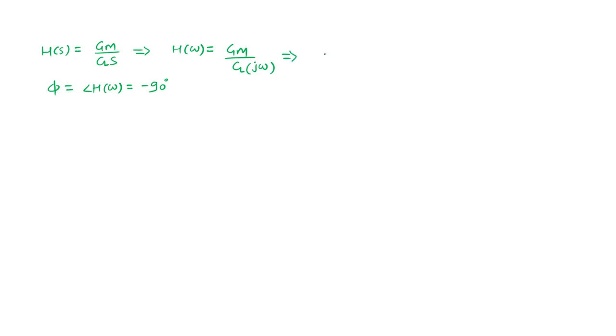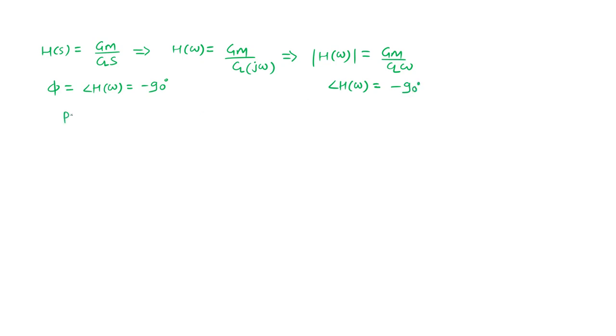If I write the magnitude, H of omega magnitude is GM by CL omega. And what is the angle? We can see, because J is in the denominator, it is always minus 90.